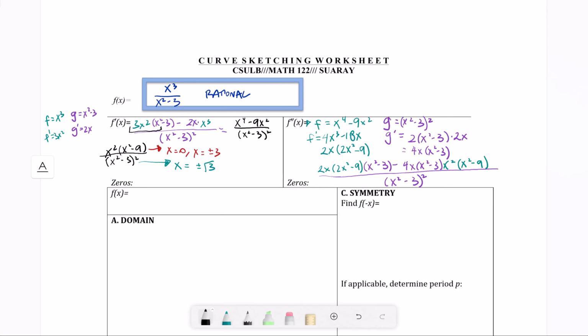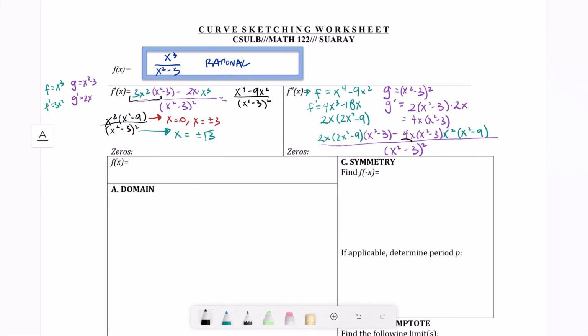That is algebra, okay? And so I'm going to let you work it out. But just notice that here and here we'll have a 4x cubed, right? So there's the x terms, okay? And I'll let you know what we end up with. There's going to be 2x that's going to be common in terms of the x terms.